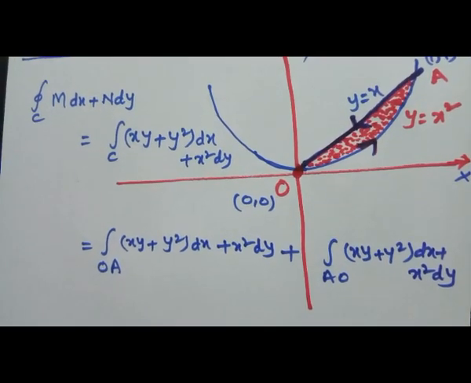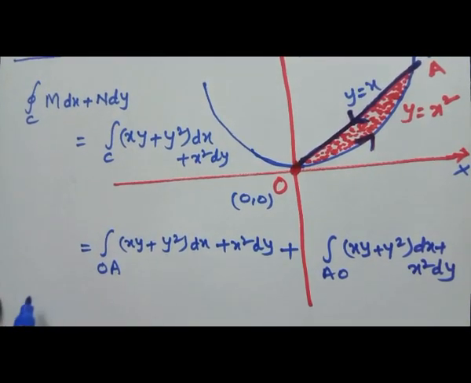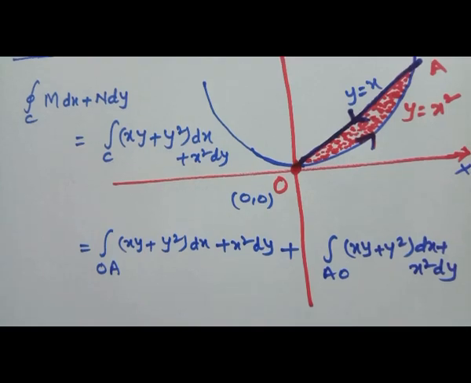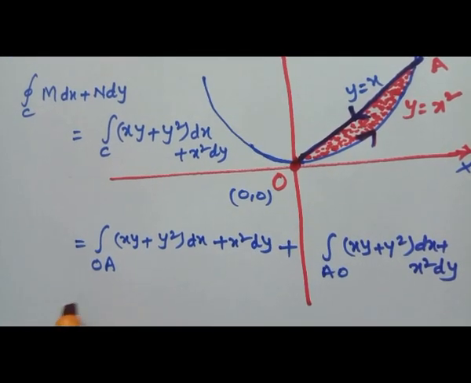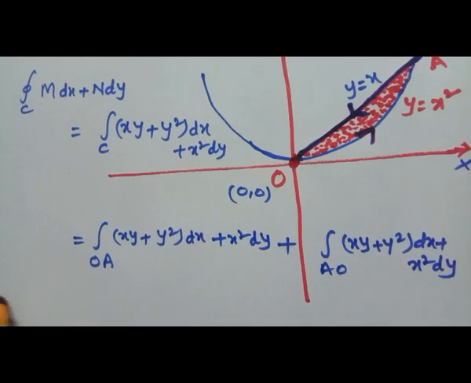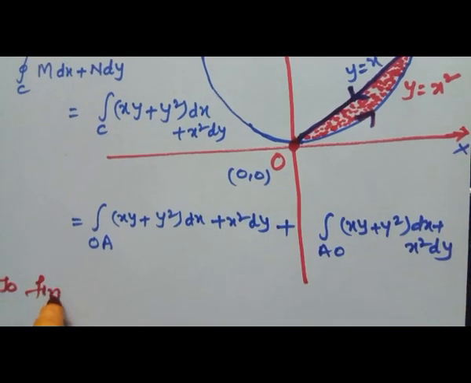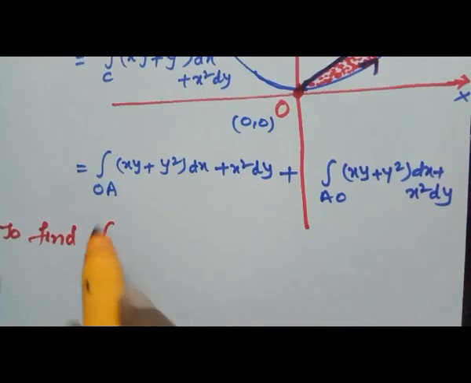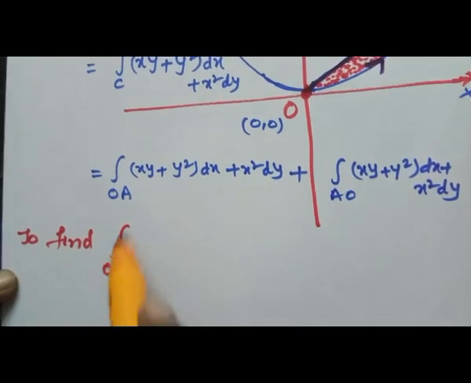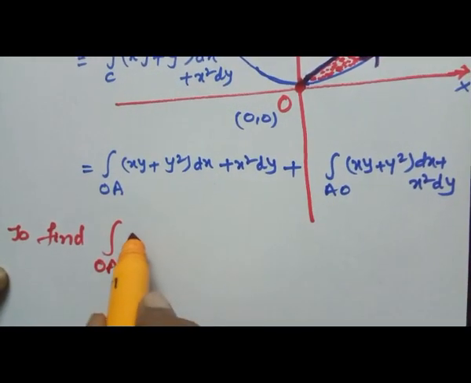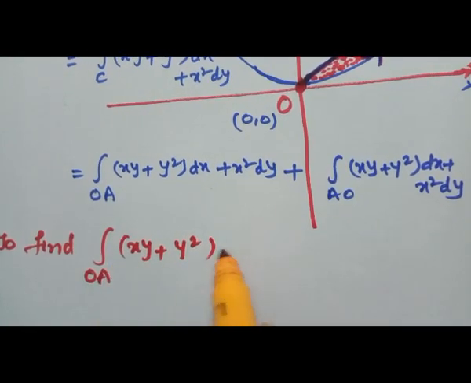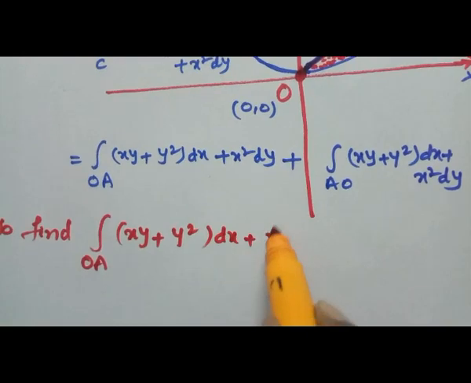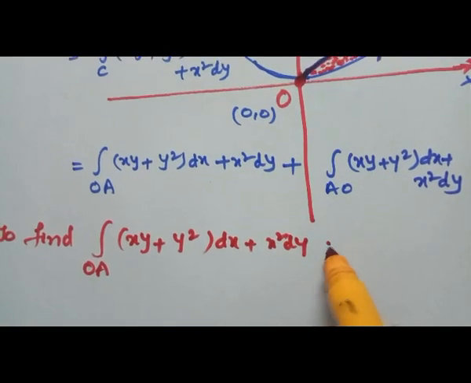Now to find the integration of M dx plus N dy along OA, that is (xy plus y square) dx plus x square dy.